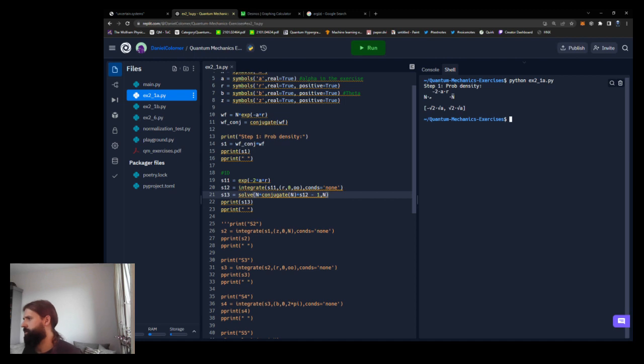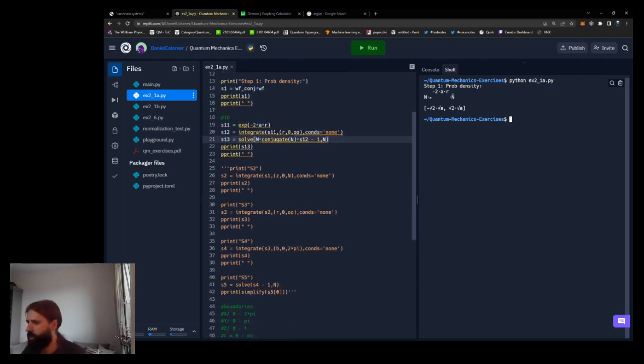And so it tells me, for example, square root of 2 times, can we simplify?